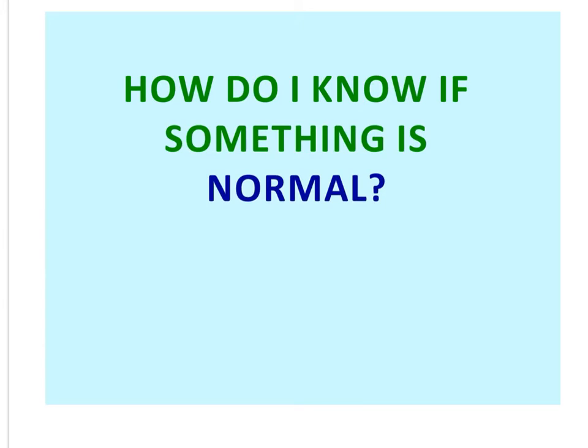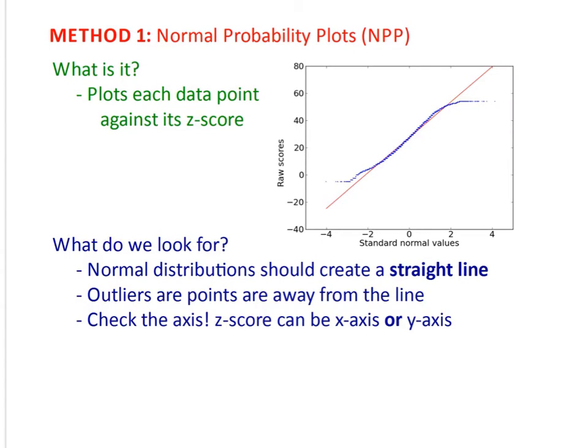So how do I know if something is normal? How can I say this is a normal curve? Well, there are two methods. Method one is to look at what's called a normal probability plot. These will be given to you. You will not have to create these plots. But what this plot does is plot your data against the z-score.